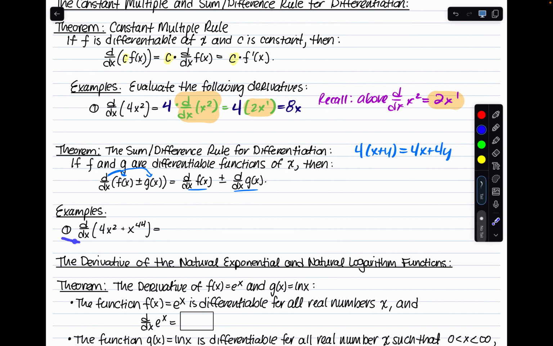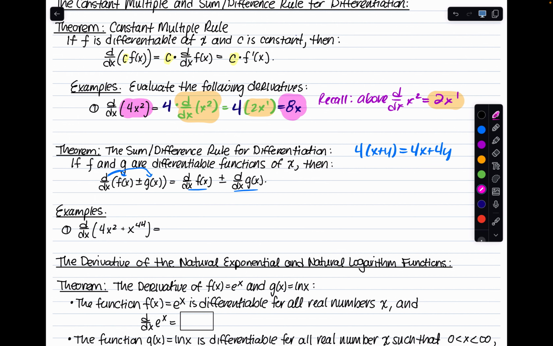So as an example, we're looking at 2 functions added together, one that we've already differentiated. Remember, we differentiated x squared, got 2x, and then we differentiated 4x squared by taking the derivative of x squared and multiplying it by 4. So we know from above what this derivative is.